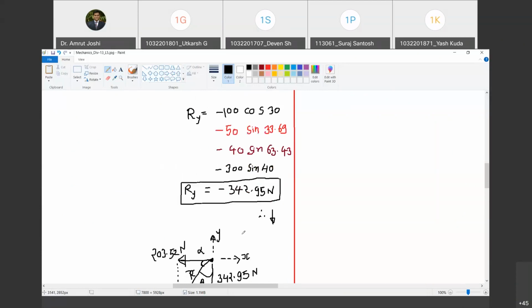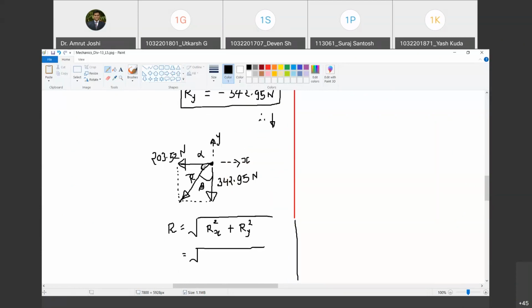Now, irrespective of whether you substitute negative sign or not, it doesn't matter because there is a square sitting here. Are you with me? Yes, sir. So therefore, square root of 203.52 square plus 342.95 square. Happy? Yes, sir.